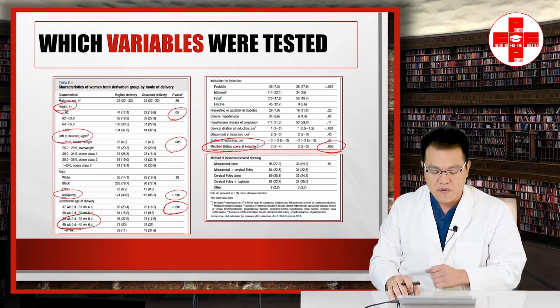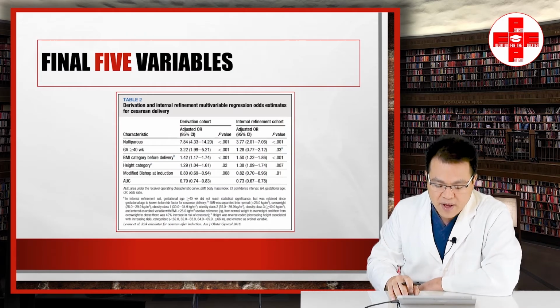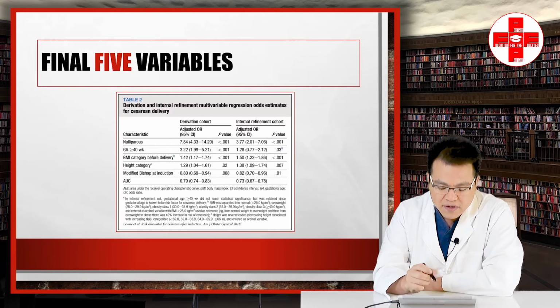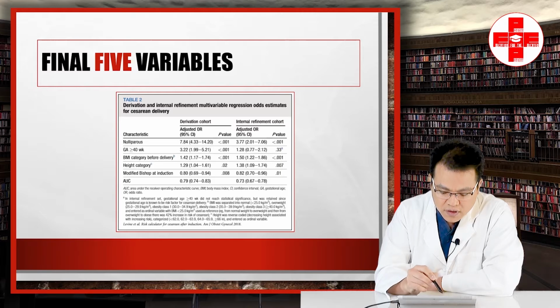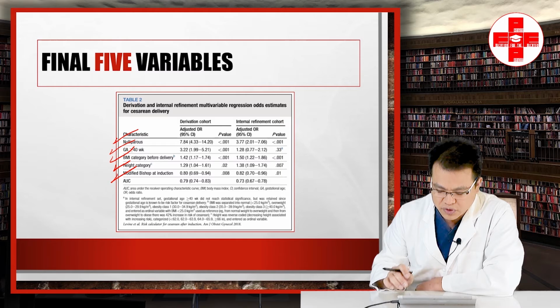So they looked at these 5 variables and they came up with this calculator based on, again, the nulliparity, the gestational age above or below 40 weeks of gestation, the BMI at the time of delivery, the maternal height, and the modified Bishop score.